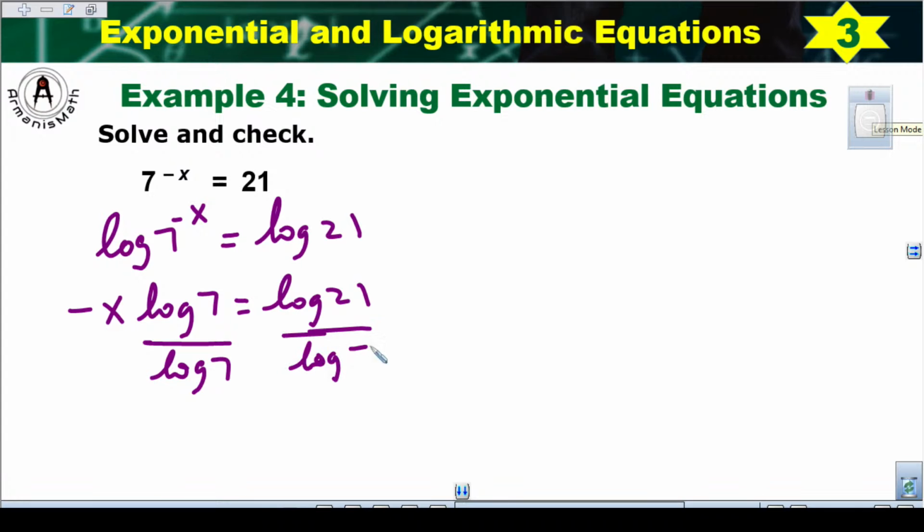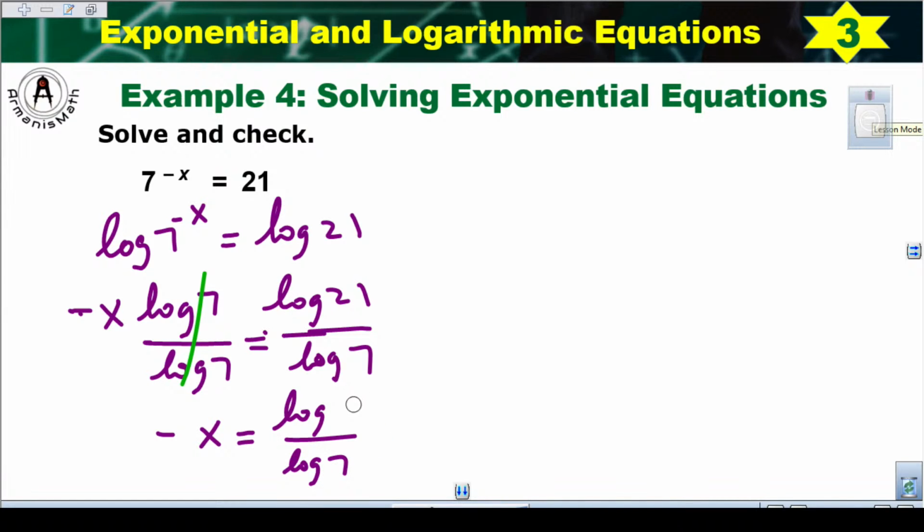And I do have a negative x waiting for me outside here. Negative x is just really eager to find its value here. What's my value? Okay, hold on. Now negative x equals the log of 21 over log of 7.